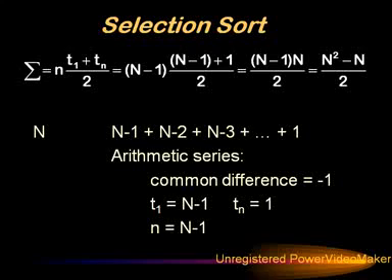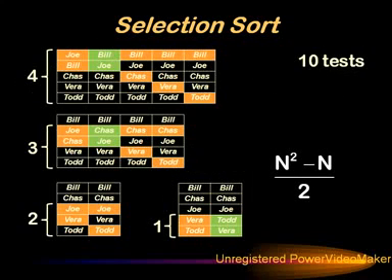Just what we got. So summarizing, for the selection sort, we'll always see n squared minus n over 2 tests. And in fact, if you go back and look at the lab, we found 15 for n equals 6. And we found 1225 for 50. Check it out. The math works.